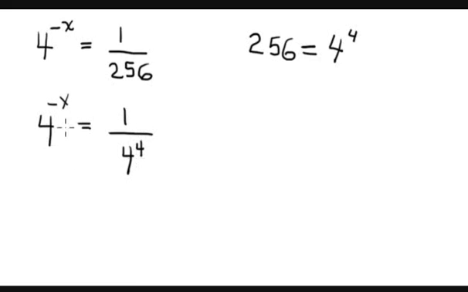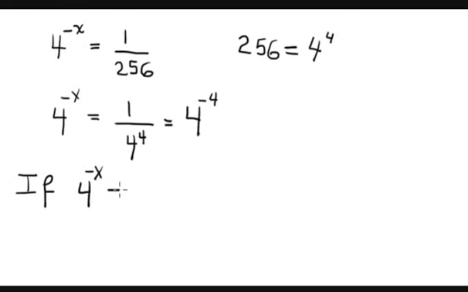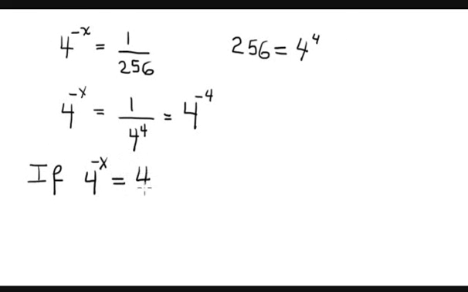Okay, there are many ways to solve that. I propose one way. Suppose in this case I take the reciprocal. Reciprocal is a negative exponent, so you write 4 to the minus 4. Okay, now we have the same base. So if 4 raised to the negative x is equal to 4 to the negative 4, the conclusion is then minus x is equal to negative 4, because the exponential function is a one-to-one function.